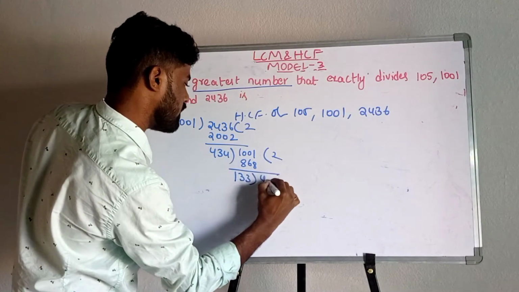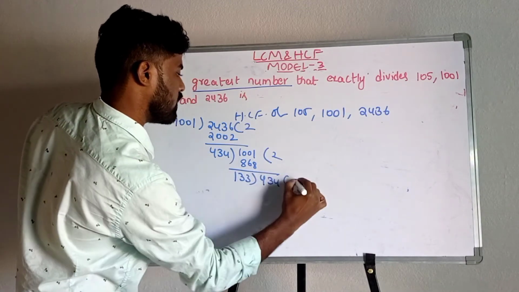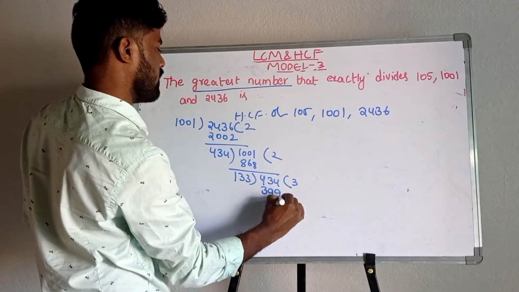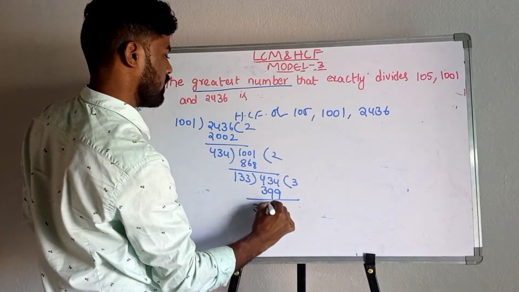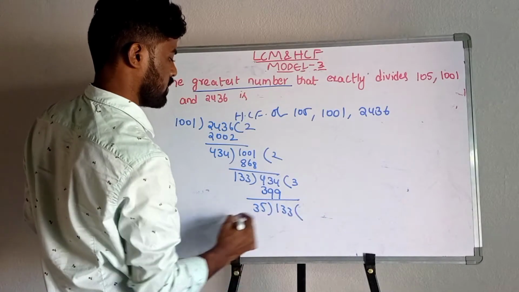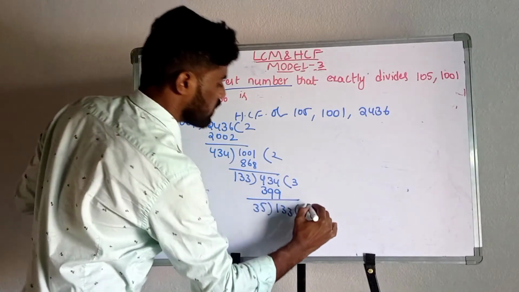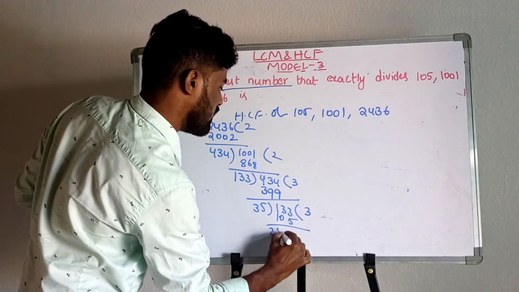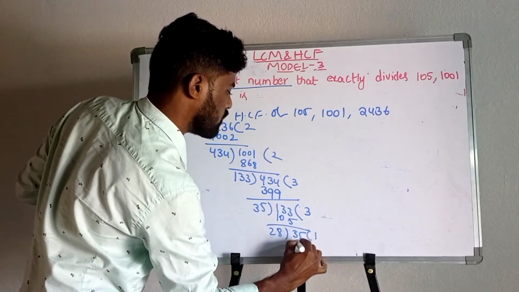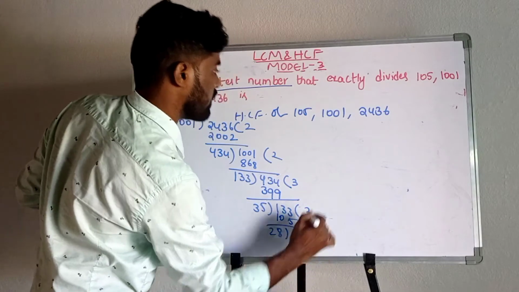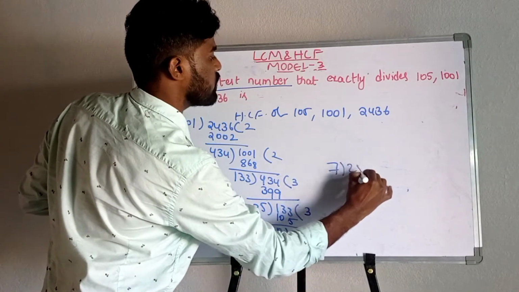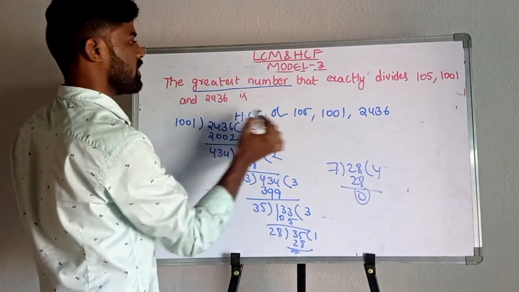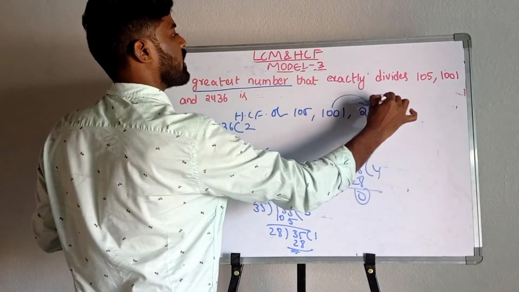We again divide 434 by 133: 133 into 3 is 399, remainder 35. 133 divided by 35: 35 into 3 is 105, remainder 28. 35 divided by 28: 28 into 1 is 28, remainder 7. 28 divided by 7, the remainder is 0. That means the HCF of these two numbers is 7.